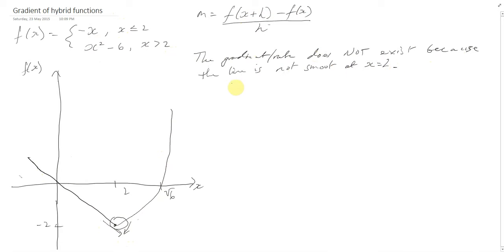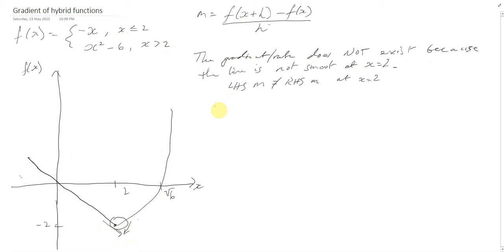In fact, the gradient approaching from the left-hand side does not equal the right-hand side gradient at x equals 2. Okay, that's what you need to show if the gradient does not exist.